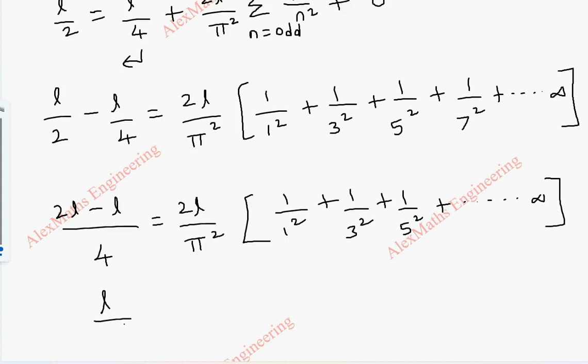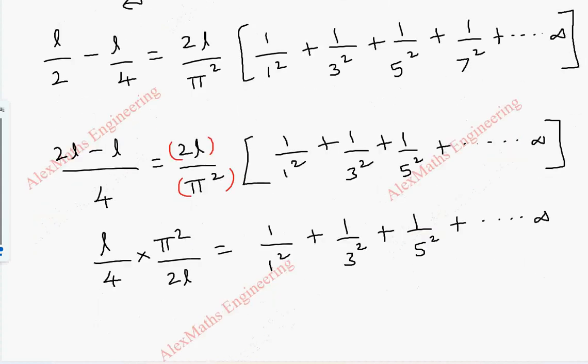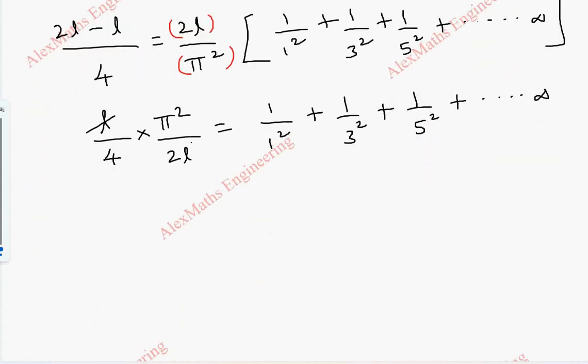So this is L by 4, and this 2L by pi square can be taken to the other side by taking its reciprocal, pi square by 2L, which is equal to 1 by 1 square plus 1 by 3 square plus 1 by 5 square plus dot dot dot till infinity. So finally we can cancel this L and L.